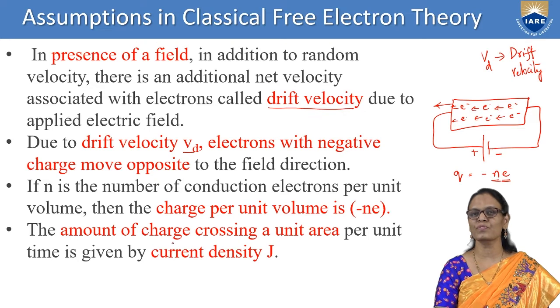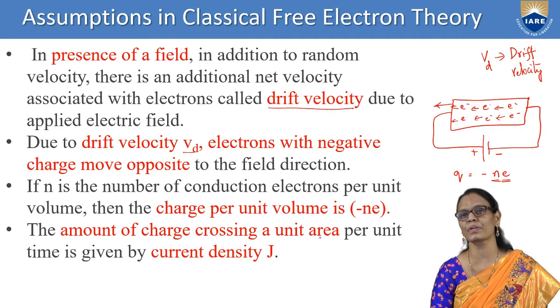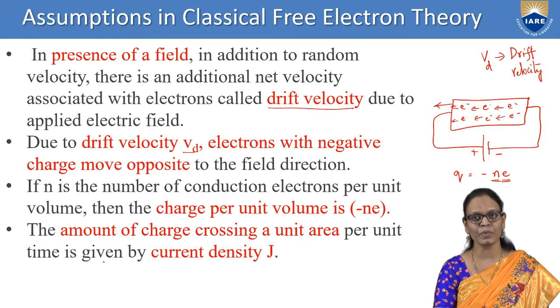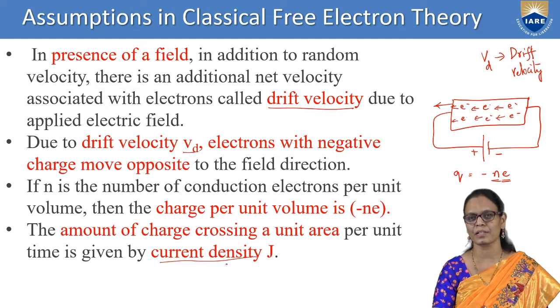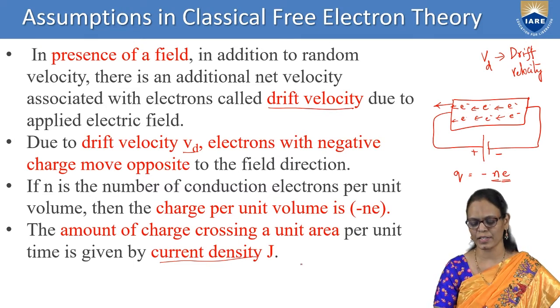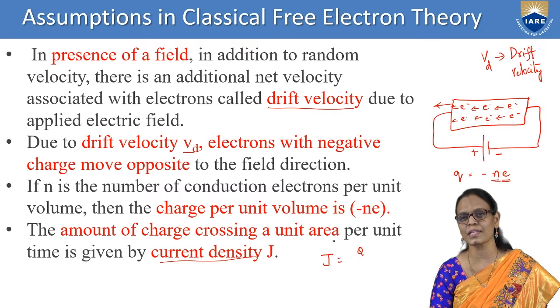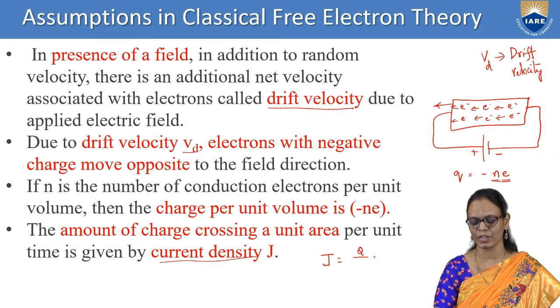The amount of charge crossing per unit area per unit time is given by the current density. So we are slowly coming to establish how to calculate the charge depending upon the number of electrons, and how to calculate the current density. What do we mean by current density? Current density J is equal to the amount of charge crossing unit area per unit time.